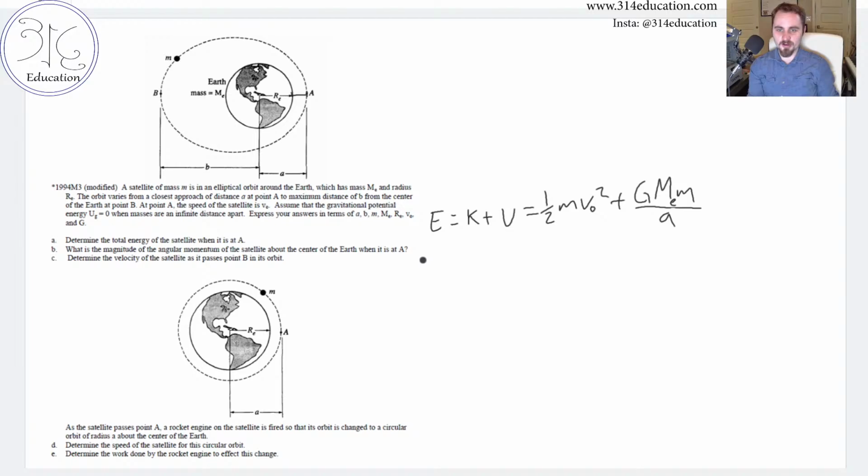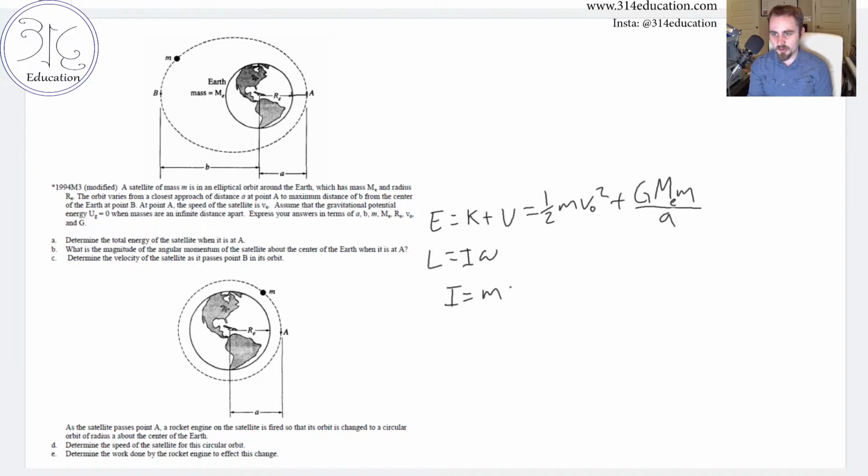So angular momentum we can define as I times omega. This isn't something we covered today, but that's fine. So our I, we can treat our satellite like a point-like mass. So the moment of inertia for a point-like mass is just going to be mass times our radius squared.